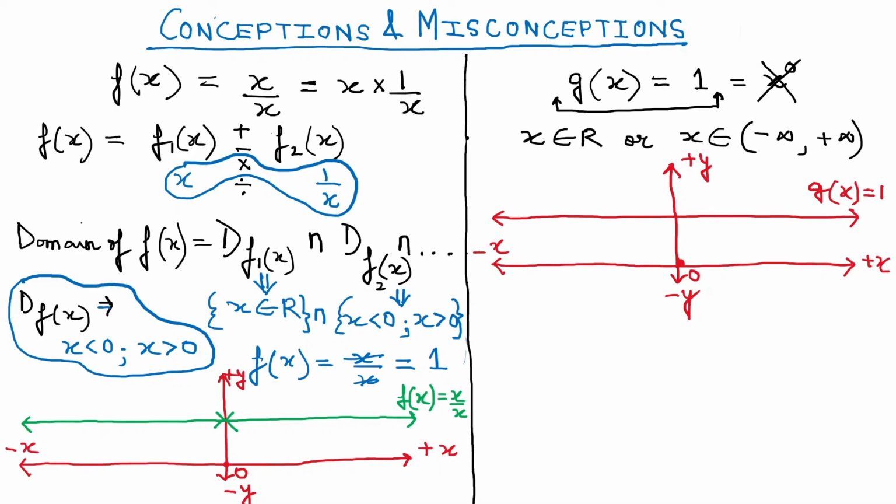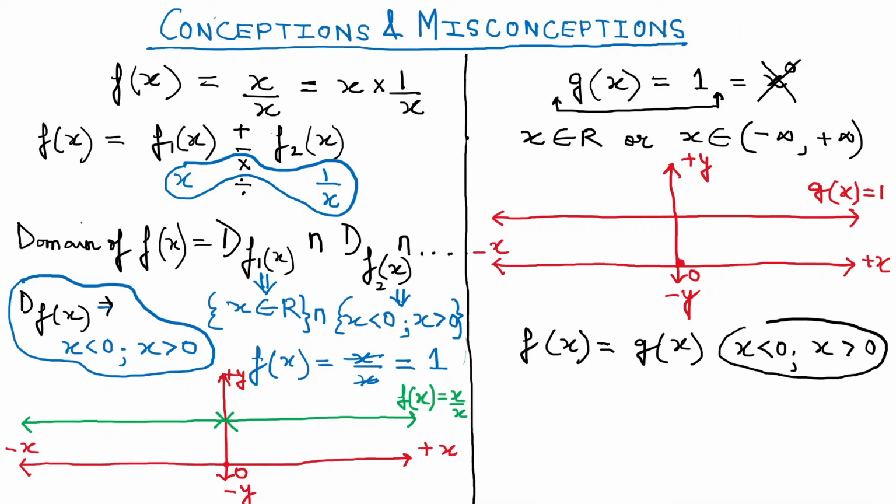So what is the final learning from here? Can I say f(x) is equal to g(x)? I can say this with some domain riders. What are the domain riders? Yes, f(x) is equal to g(x) given x is less than 0 union x is greater than 0. For these conditions only both the functions are equal. Can I say f(x) not being equal to g(x)? Yes.